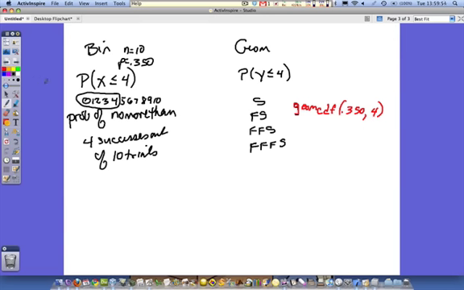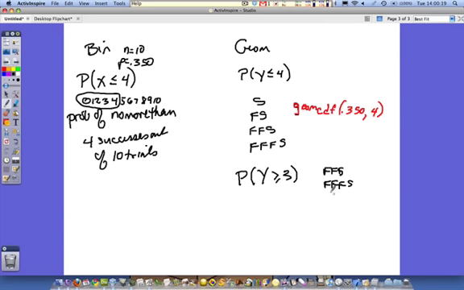Okay, and one last note here. Let's suppose you're finding the probability that y is greater than or equal to, let's say, 3. If you think about it, what we're looking at here is getting the first success on the third or higher try. The third try or the fourth try or the fifth try. So basically we're looking at the following scenarios. Fail, fail, succeed.